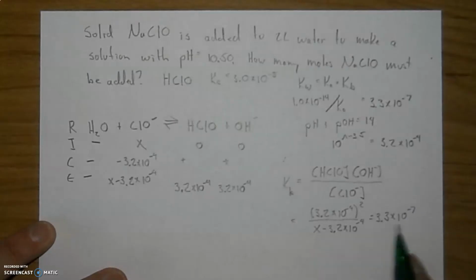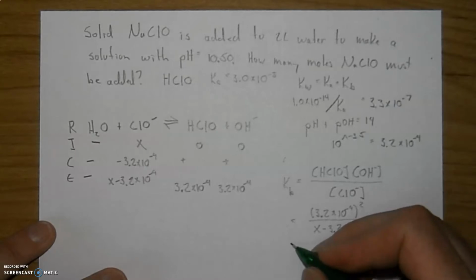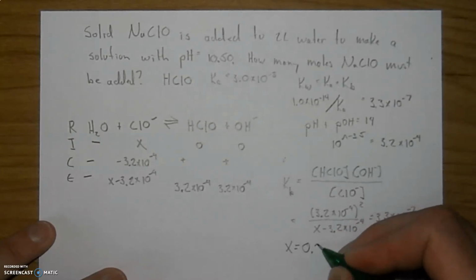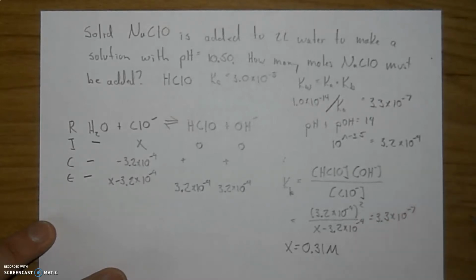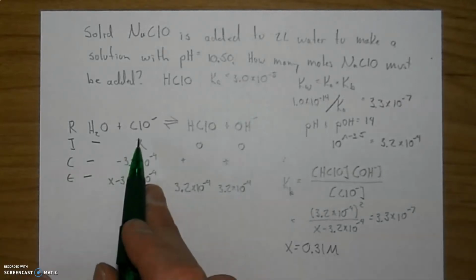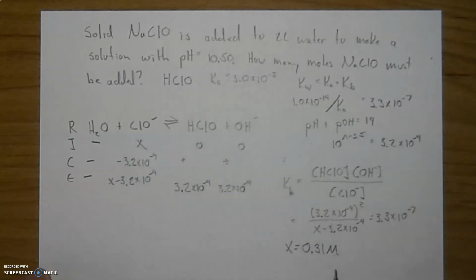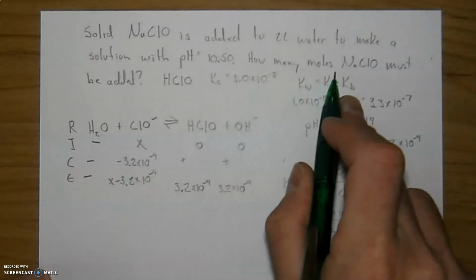If we do all the algebra here, work this out, you will find that x is equal to 0.31 molarity. And so I figure, okay, well, what am I supposed to do with that? Well, that is, again, the molarity of the hypochlorite. But that's not what the question asked for. How many moles?